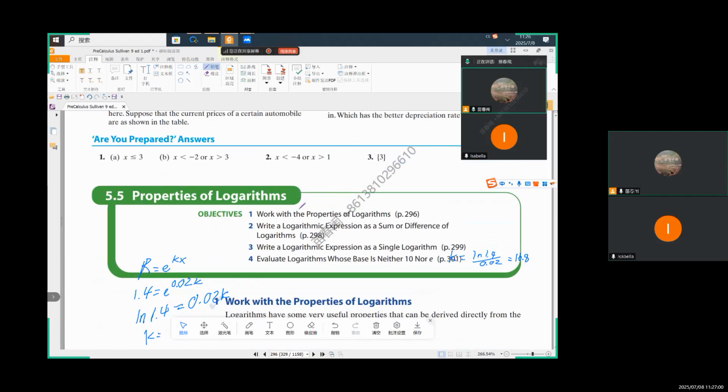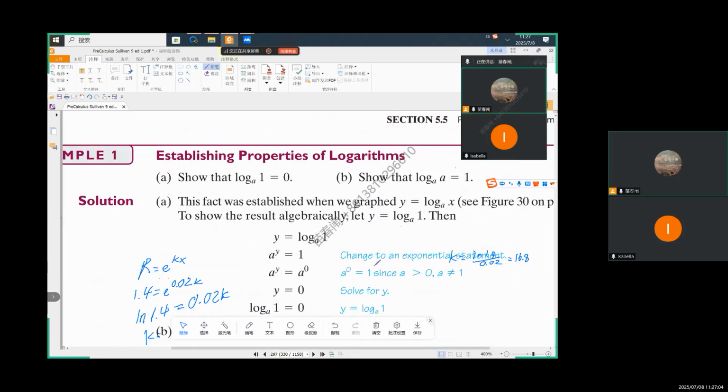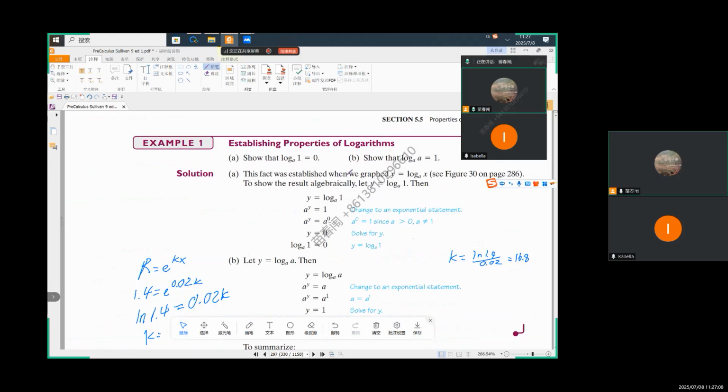Oh, here, finally, it's the property which will make our calculation easier. Are you familiar with this and this one?